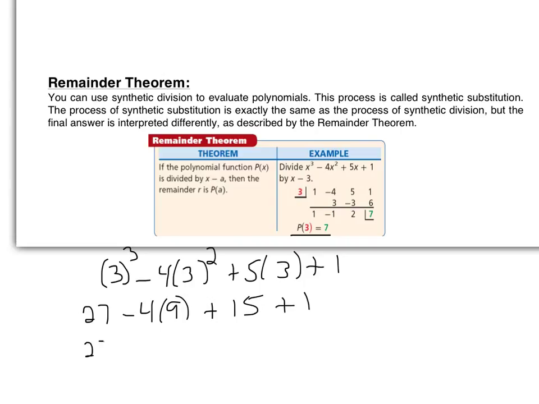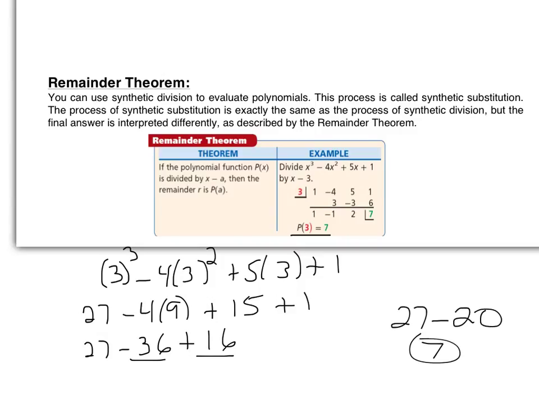And we have 27 minus 4 times 9 is 36 plus 15 plus 1 is 16. 36 minus 16, we get a negative 20, and 27 minus 20 is 7. So in fact, if we plug in 3 into that polynomial expression, then we actually get 7. So we can use synthetic division and use the remainder as what we would get if we evaluated the polynomial.